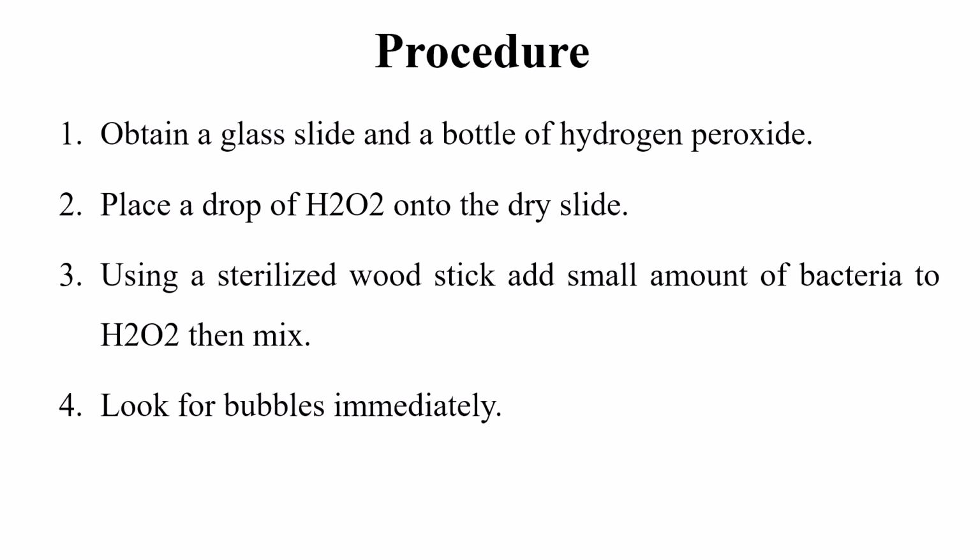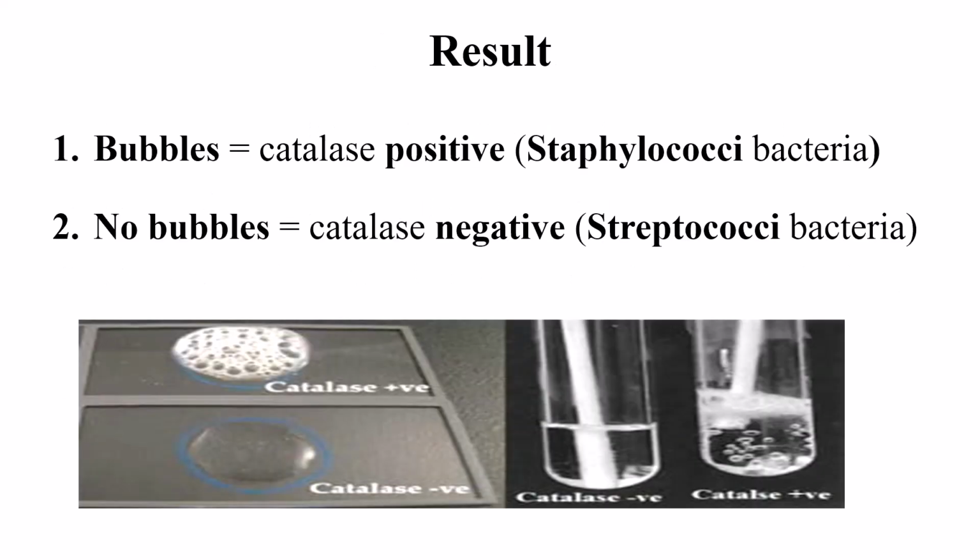If we don't, we wait for 5 to 10 seconds. If there are bubbles, it means catalase positive, and that means we have Staphylococci bacteria. If there are no bubbles, it means catalase negative, such as Streptococci bacteria.